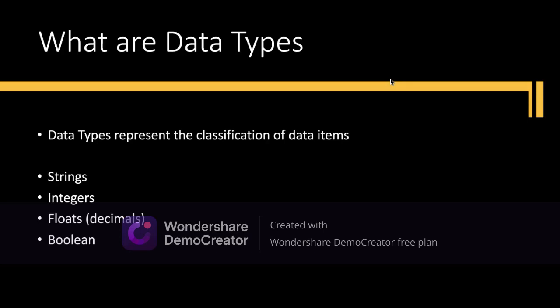And there are four primitive data types, which are the most widely used of all these data types and the most necessary. These four are strings, integers, floats, and Boolean variables.